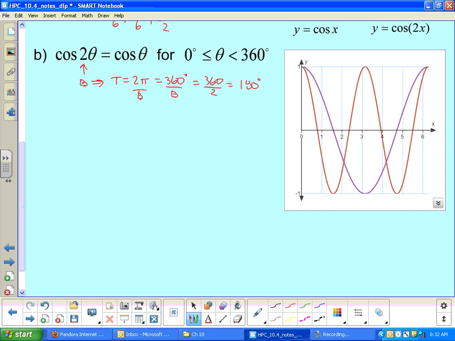Anyway, we see in here that I have a couple locations where I have the same values of y, where these graphs intersect. So I'm going to have 4 solutions for this one. And let's see what we get. So remember, when we're solving, we want to be careful about not losing roots.